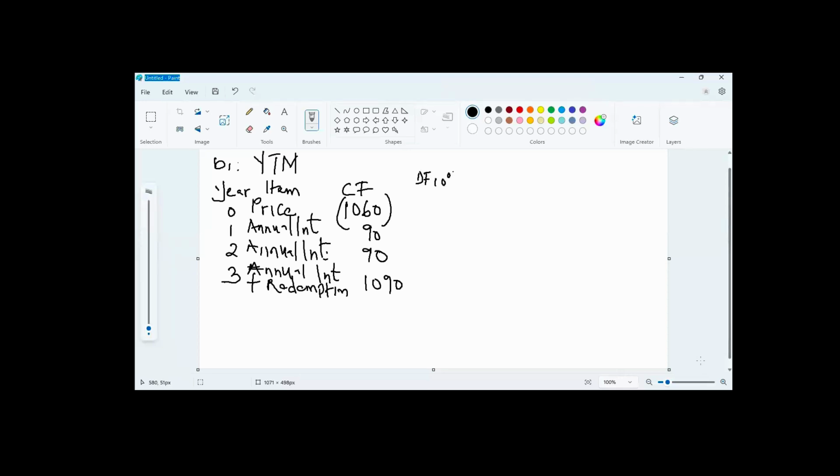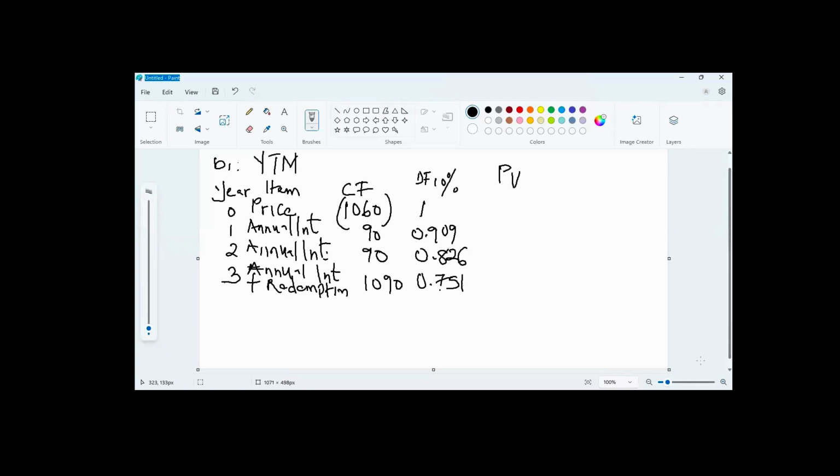At 10%, the discount factor in year 0 is 1, in year 1 is 0.909, in year 2 is 0.826, and in year 3 is 0.751.